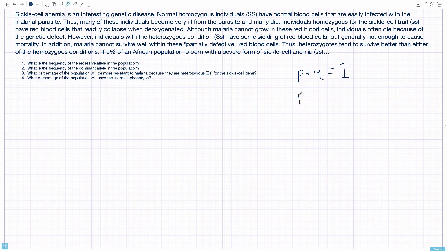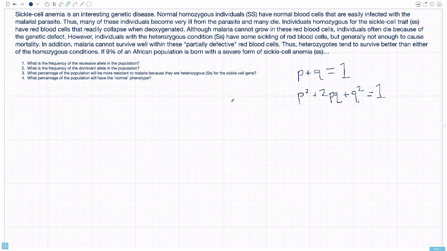The second equation is useful for calculating genotypic and phenotypic frequencies, and it says the frequency of the homozygous dominant genotype plus the frequency of the heterozygous genotype plus the frequency of the homozygous recessive genotype also has to equal 1. So whenever you're doing a Hardy-Weinberg problem, keep these two equations in mind. They're the only things that you really have to remember.